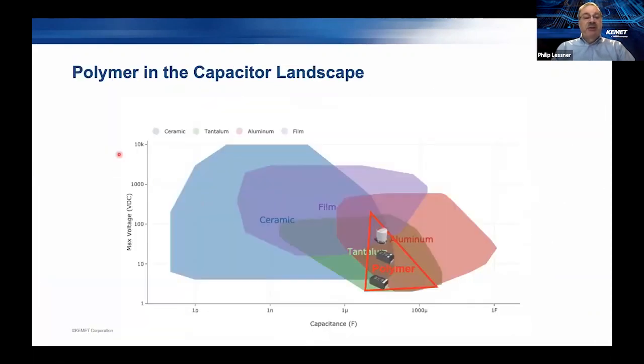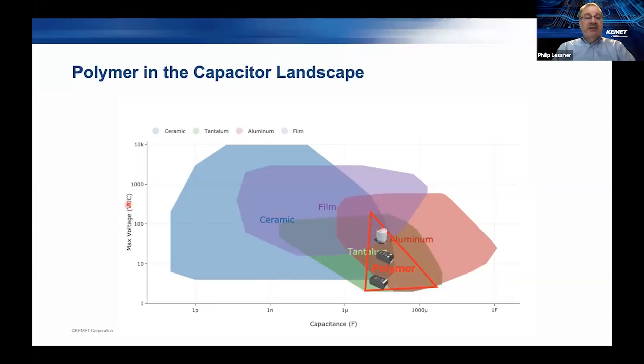If you look at the polymer in the capacitor landscape, this shows a plot of voltage versus capacitance for the different types of capacitors. The major dielectrics are ceramic, film, tantalum, and aluminum.